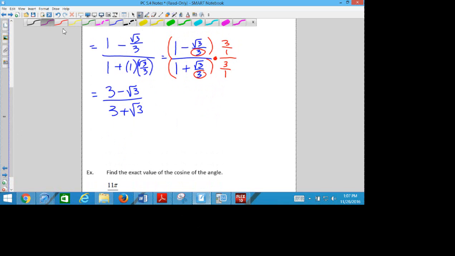Okay? So I got rid of the fraction inside of the fraction. I still have a radical in the denominator that I cannot have. So again, this is previous course. To get rid of the radical in the denominator when you have 2 terms in the denominator, you have to multiply by the conjugate.